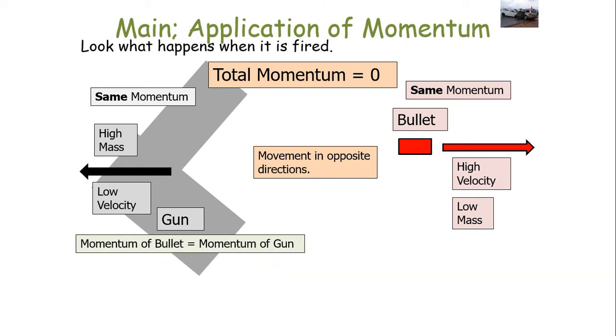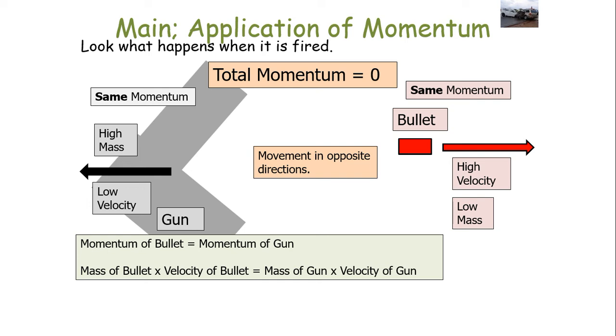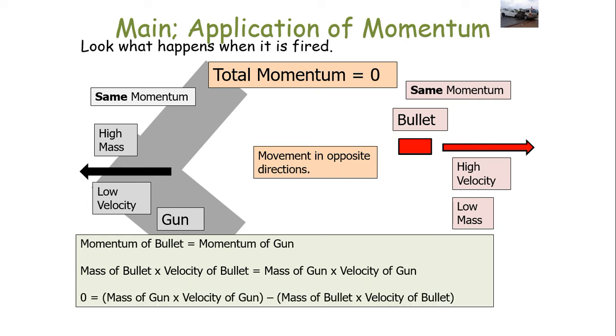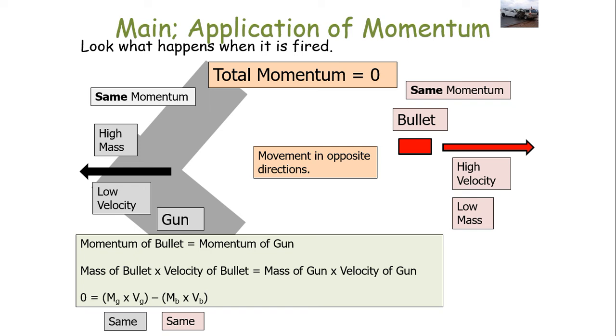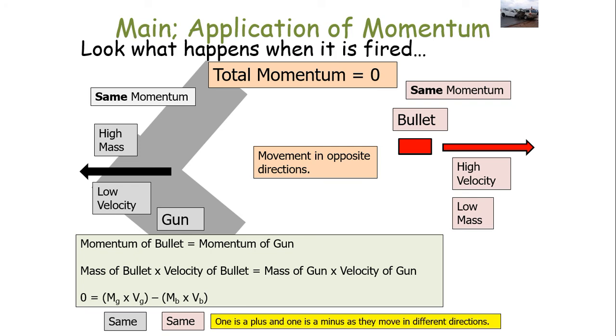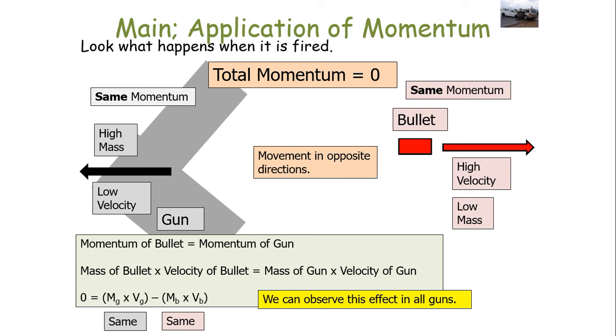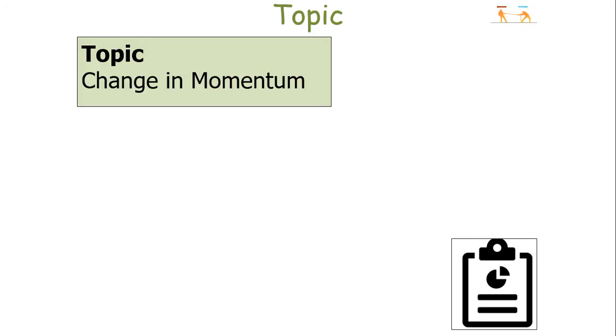So the momentum of the gun equals the momentum of the bullet, and therefore mass times velocity of the bullet equals mass times velocity of the gun. For both values to be the same, we need one as a plus and one as a minus, so they cancel each other out. And in a collision or explosion, the larger the mass, the lower the velocity. We observe this effect in all guns.